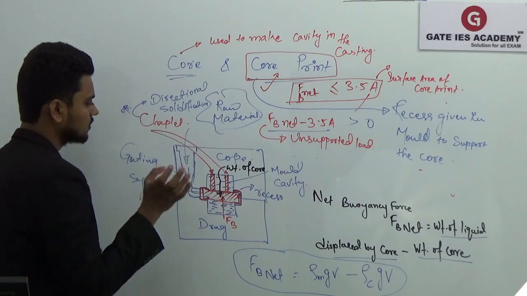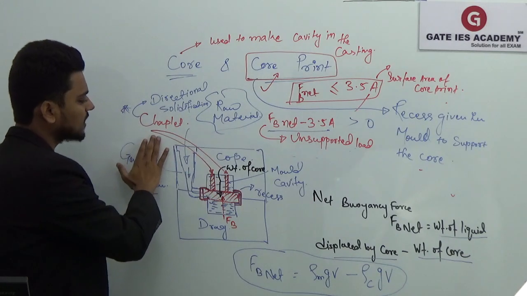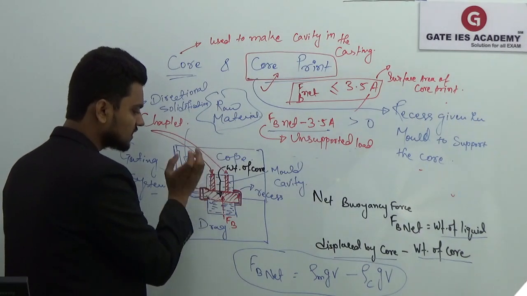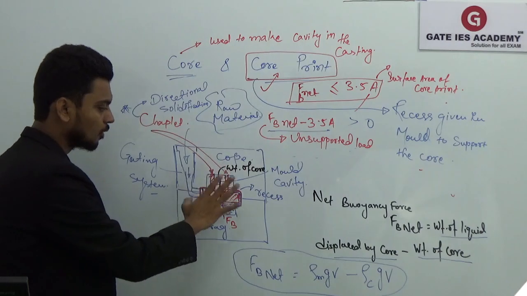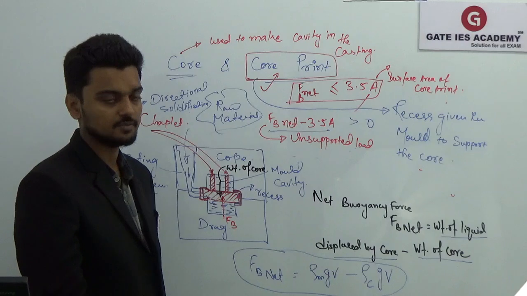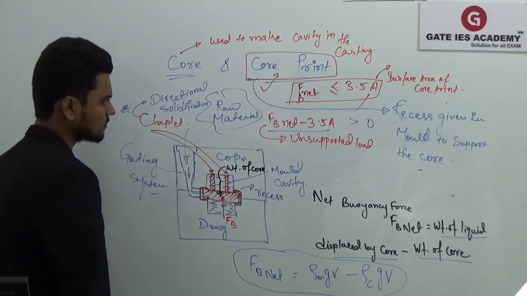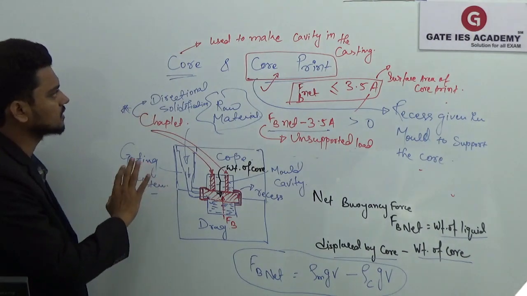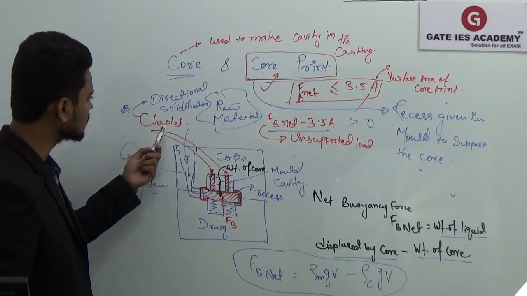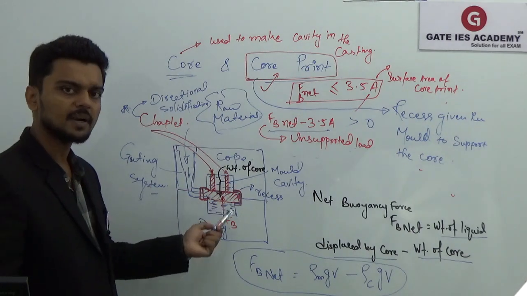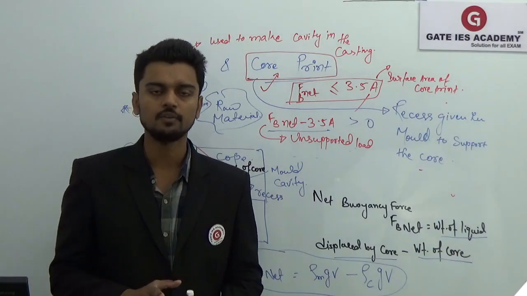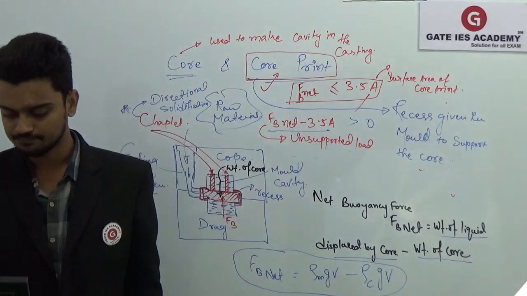So you have to clean that chaplet before keeping it into your mold cavity. So we discussed the core, core print and then chaplet. The main function of chaplet is to support that core, but as an additional function it is used for directional solidification. We'll discuss it when we discuss the chills.